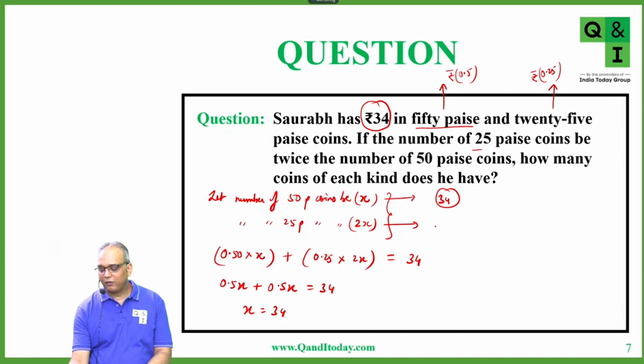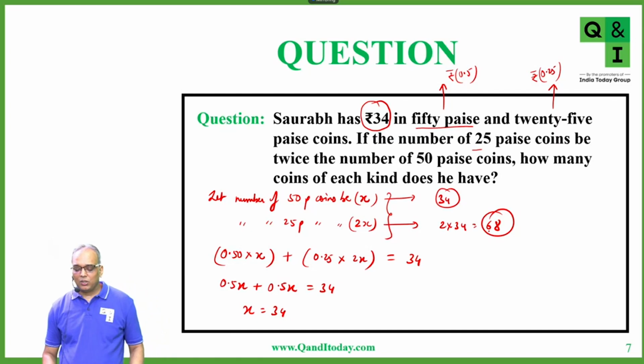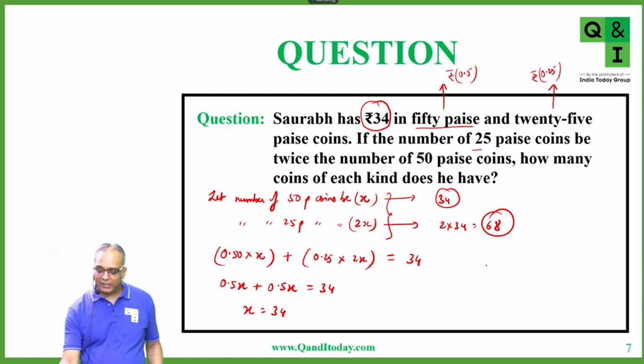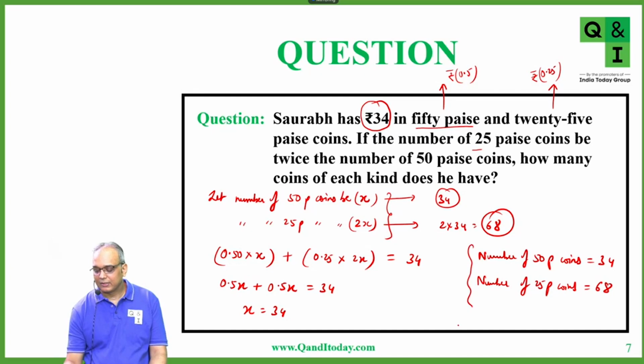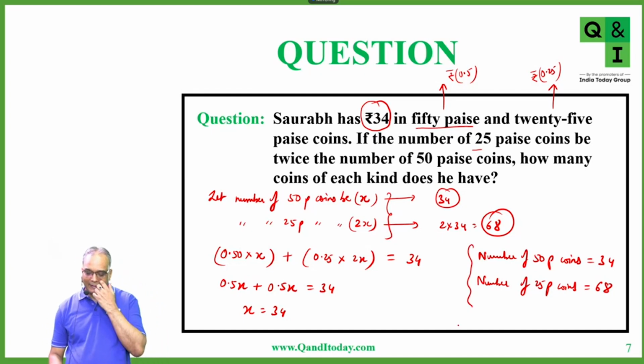The number of coins of 25 paise is 2 times 34, which is equal to 68. So the number of 50 paise coins is 34 and the number of 25 paise coins is 68. Correct?